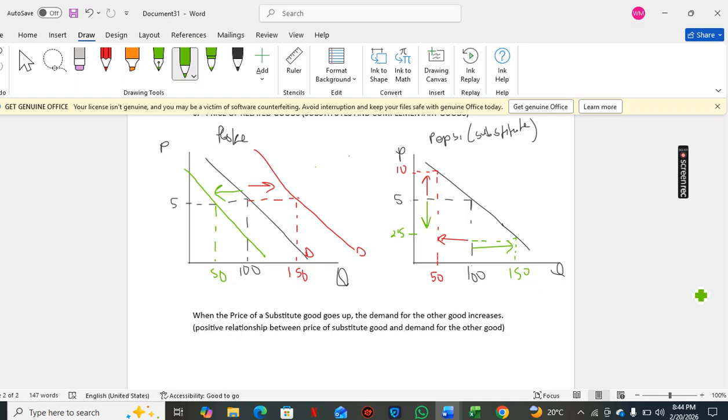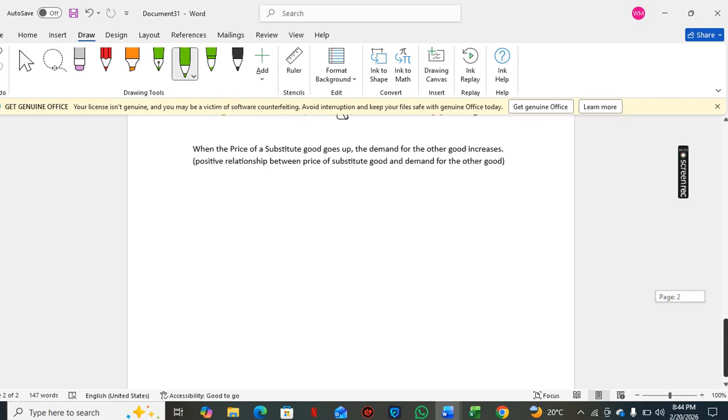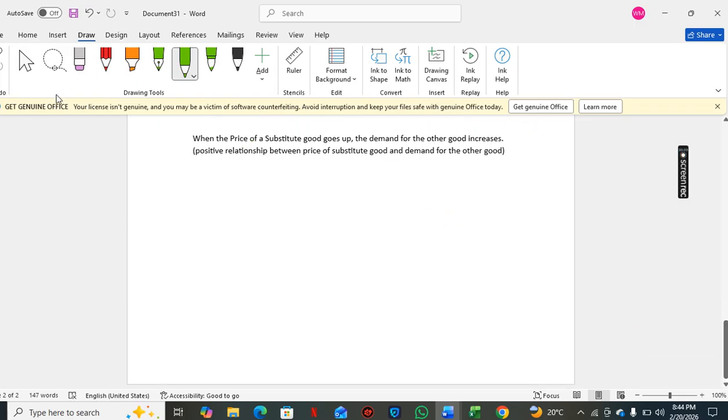Now we're going to look at complementary goods. These are goods that are used together with other goods.